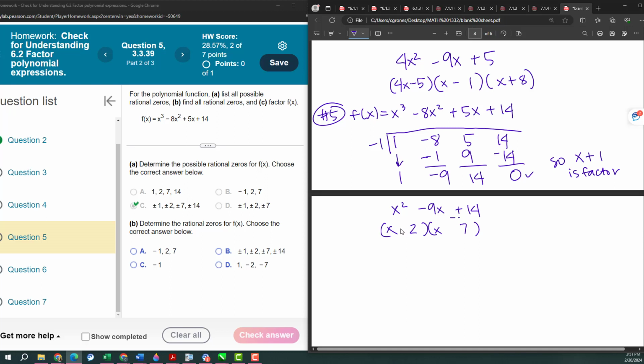I'm going to do both negatives because I need a negative 9x. So we've got x squared, and then I've got minus 2x, and minus 7x gives us the negative 9x, and then negative 7 times negative 2 gives us the positive 14. So I've got x minus 2, x minus 7, and x plus 1. So 1, negative 2, negative 7.